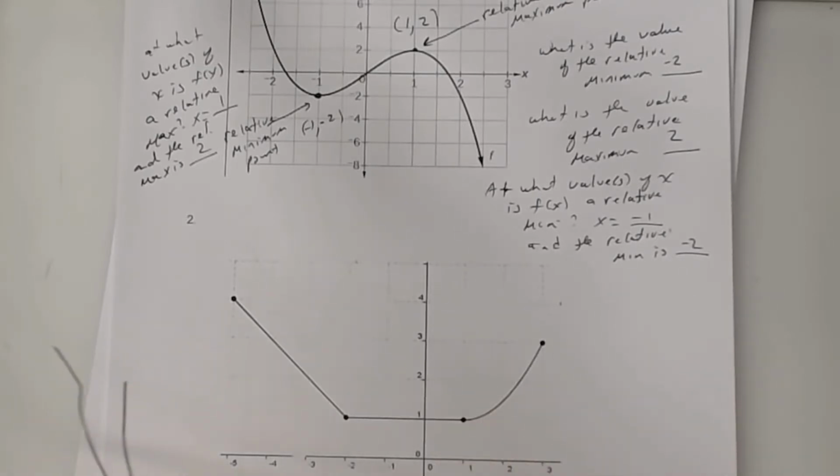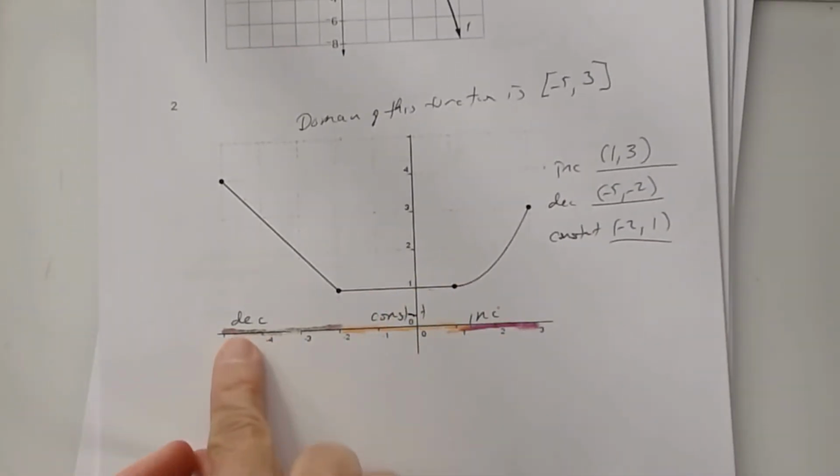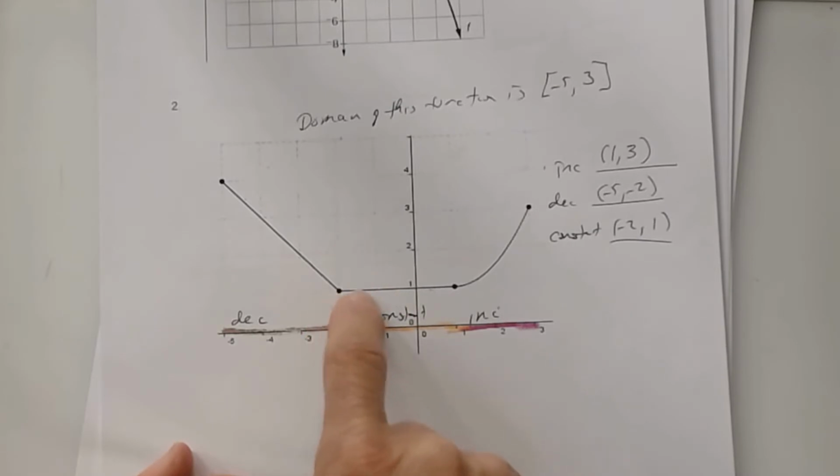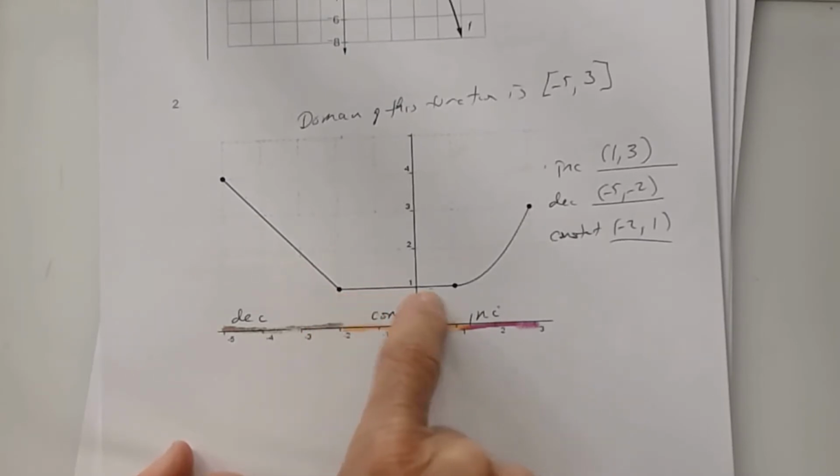When I did this right here, you see how the colors changed? They changed here, so that part was a relative what? Min. It's easy to see because you went from decreasing to something different, constant. But they're all constant, so all these have to be the same thing. They're all relative what?